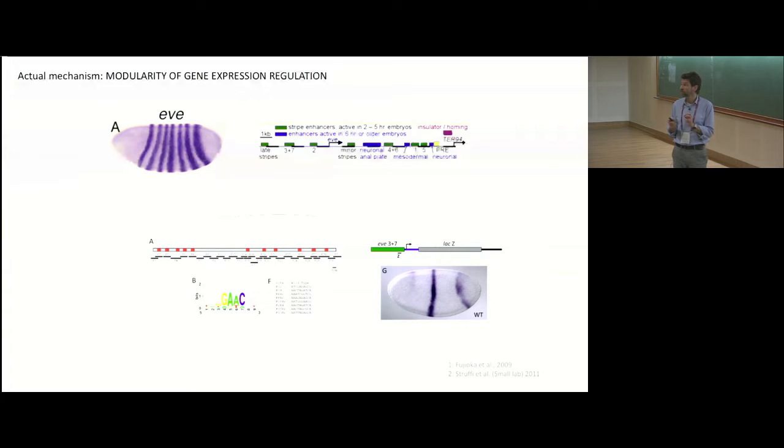But if there's no enhancer, this particular promoter, even though it can bind RNA polymerase, won't drive any expression. So it would remain silent unless it has an enhancer. And the enhancer will be active only in those places where the transcription factors it recognizes are present. In this particular case, in here and in here.